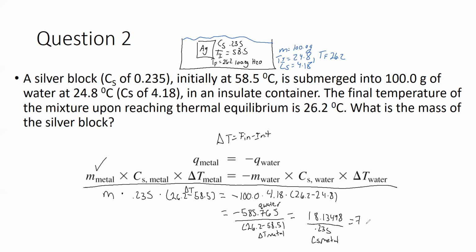And the weight of metal is 77.17 grams. I think only 2 sig figs, because this will only have 2 decimals. So sig figs wise, that should be 77 grams, because 26.2 minus 24.8 is 1.4. That's going to be our limiting sig fig.